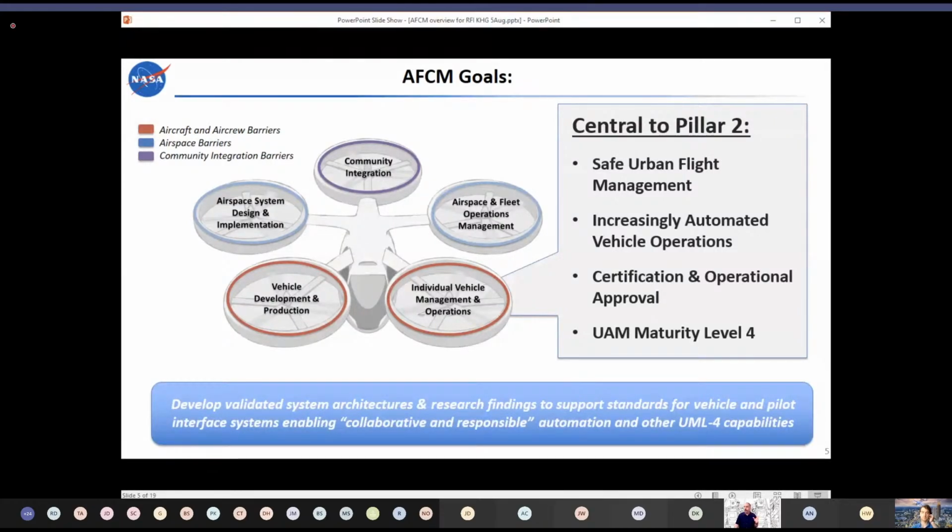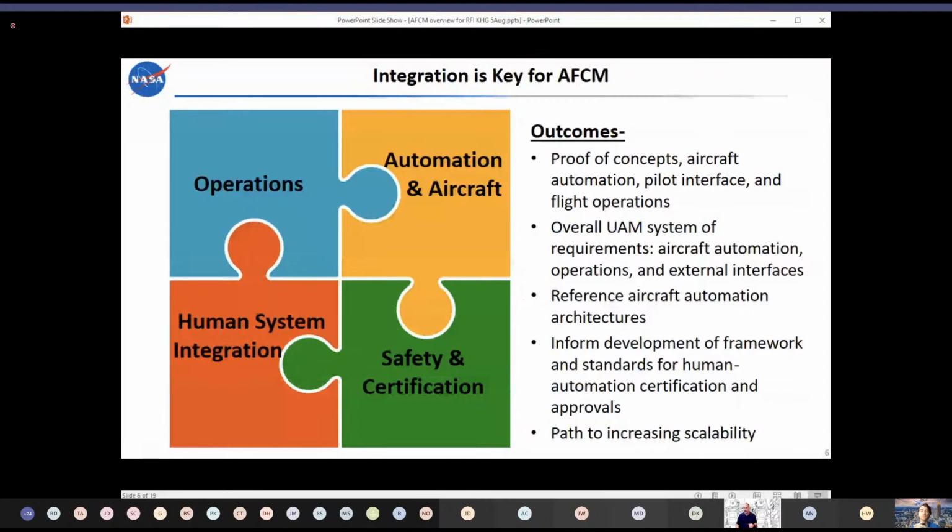So, key thing here, the real focus of the research area is looking at the combination of the automation and the human contributions to that, and being able to simultaneously achieve collaborative and responsible automation along with those overall UML4 operating capabilities.